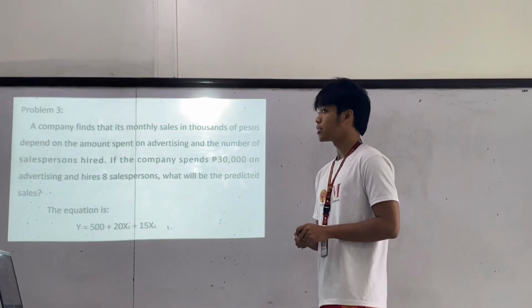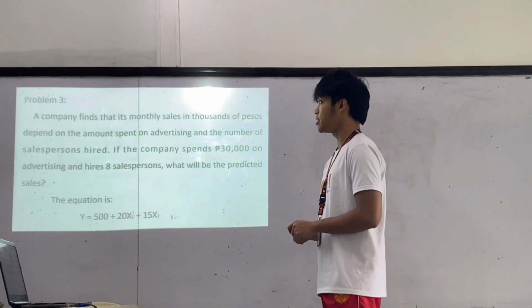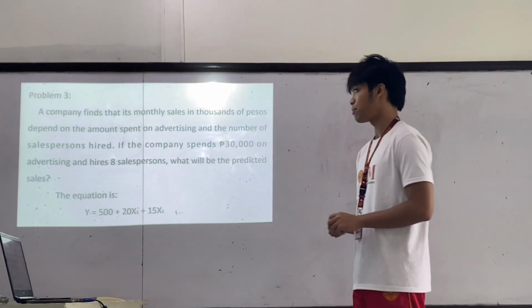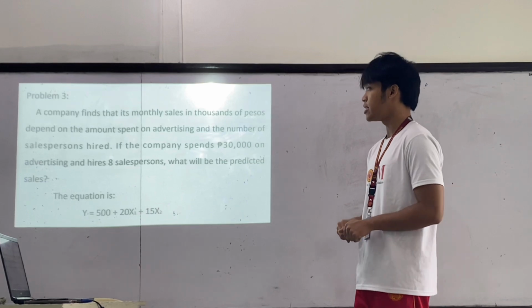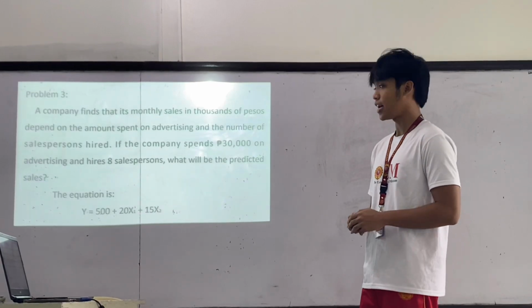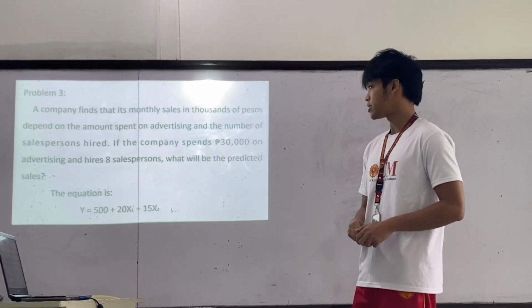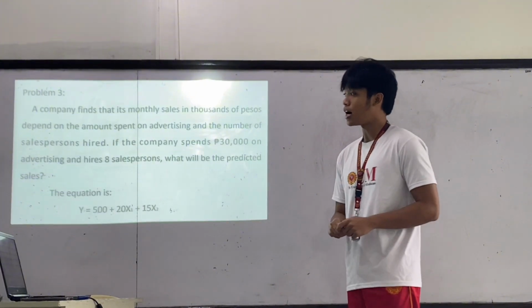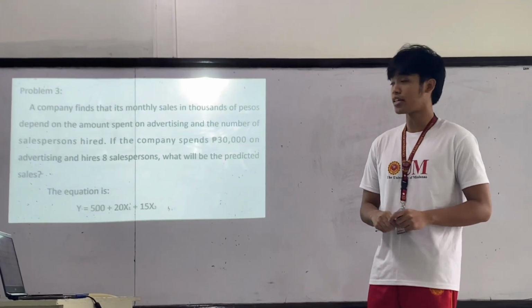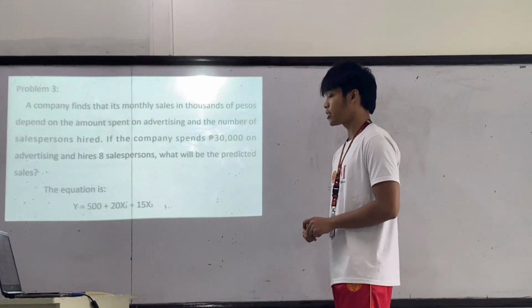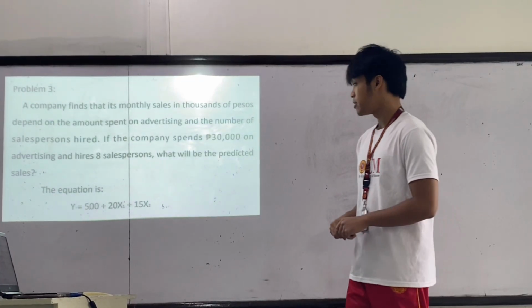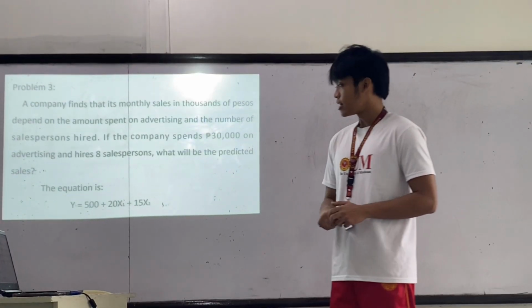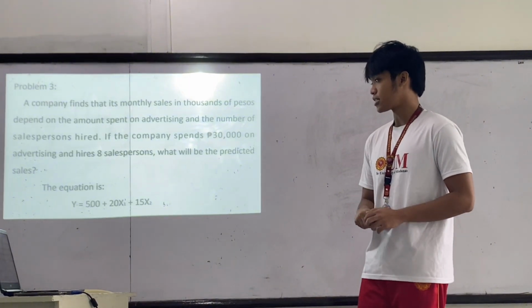Problem number 3 is a company finds that its monthly sales in thousands of pesos depend on the amount of spending on advertising and the number of salespersons hired. If the company spends 30,000 pesos on advertising and hires 8 salespersons, what will be the predicted sales? The equation is y equals 500 plus 20x sub 1 plus 15x sub 2.